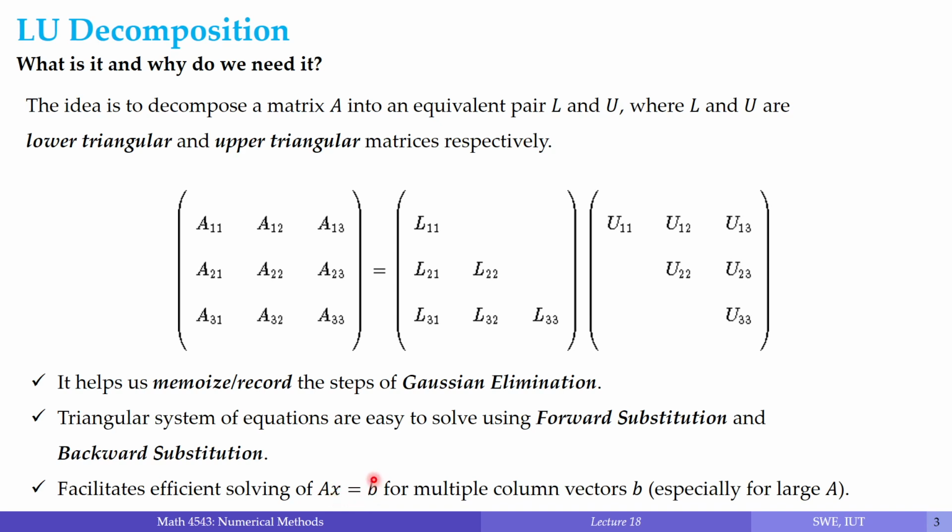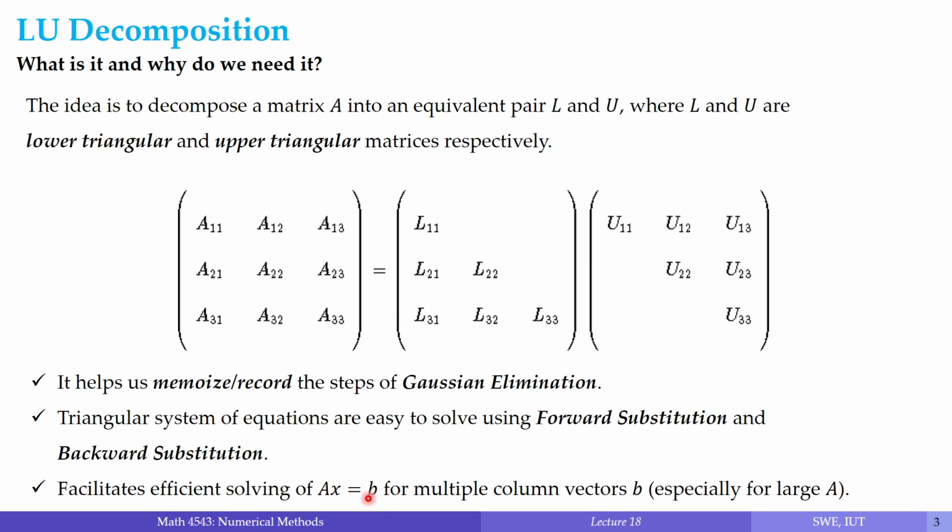For a single b it's okay, you can perform Gaussian elimination once. But if you have a vast number of b's, and say for the sake of argument the matrix A that you have is very large, what if you only resort to Gaussian elimination? You have to perform this Gaussian elimination step every single time.